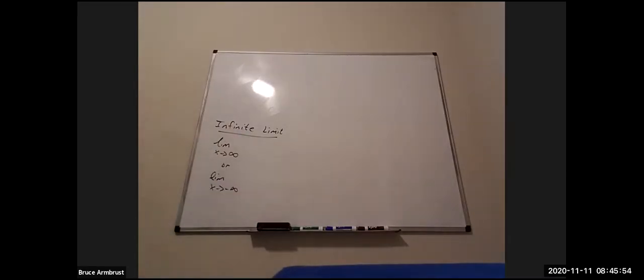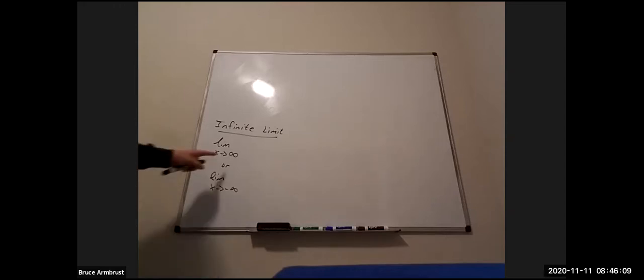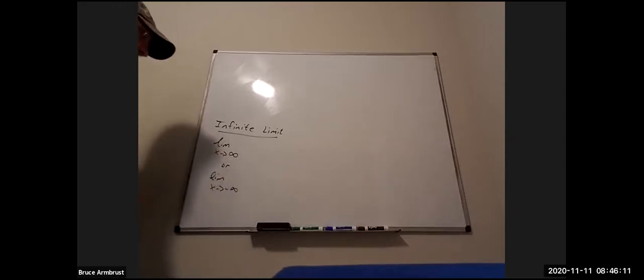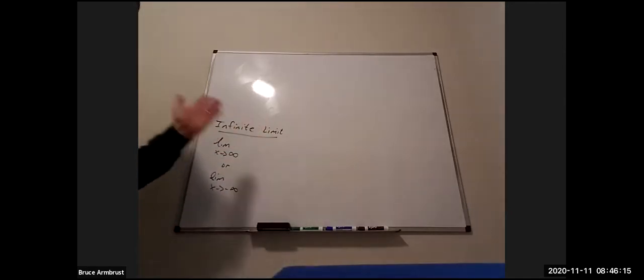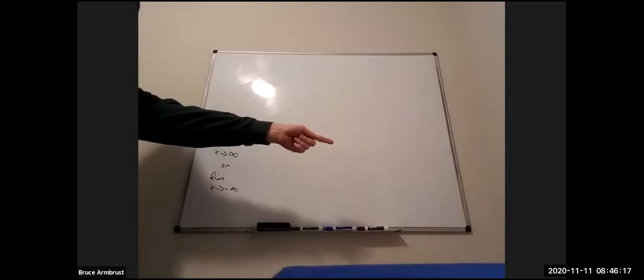Now, this is a little bit different than what you're used to, because with regular limits, we are always approaching a number, right? We are approaching a specific value. We just never quite got there. Well, infinity is not a number. There is no place on the real number line that's infinity, right?